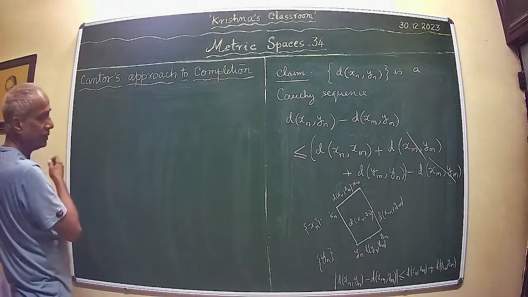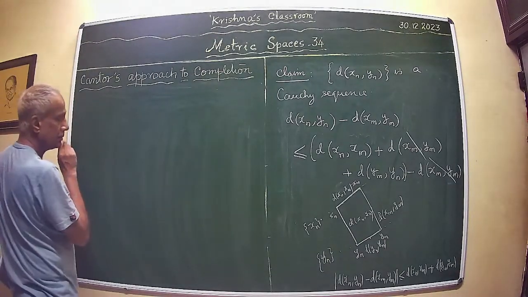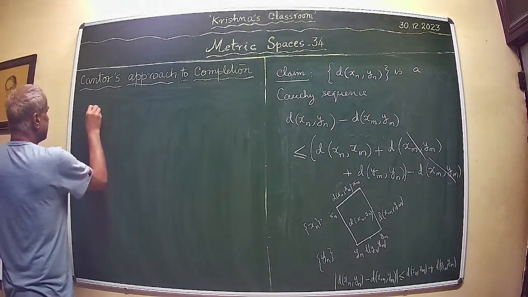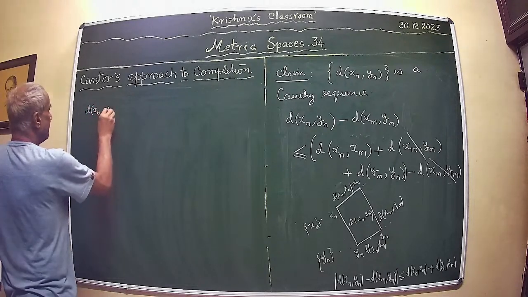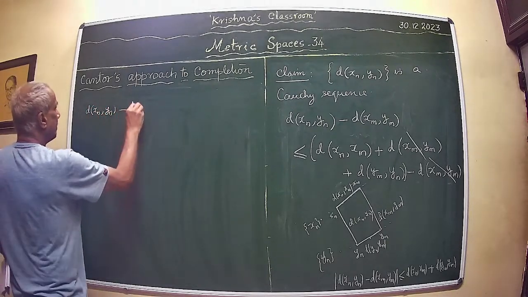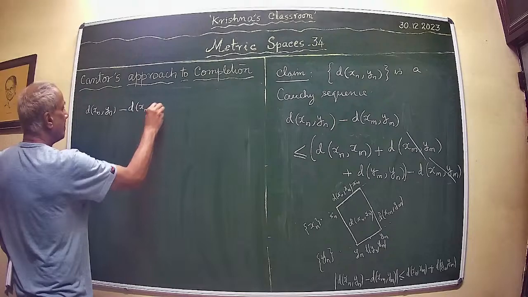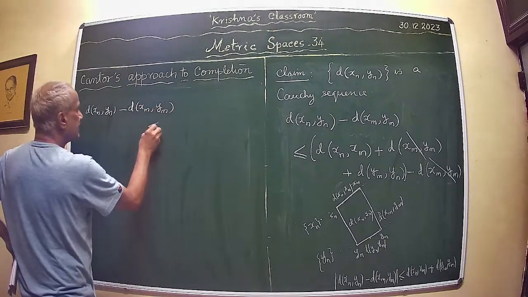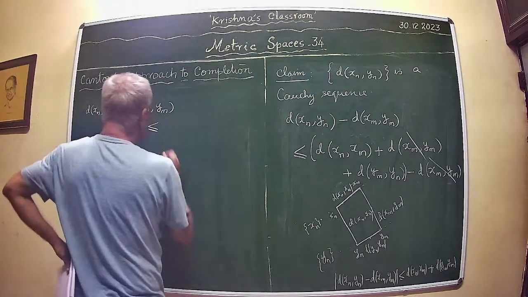So we have d(xn, yn) is less than or equal to d.